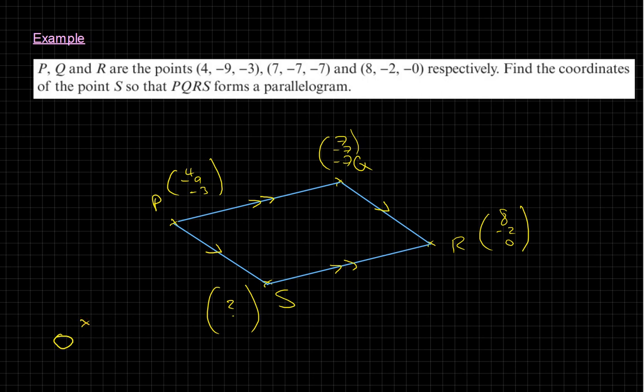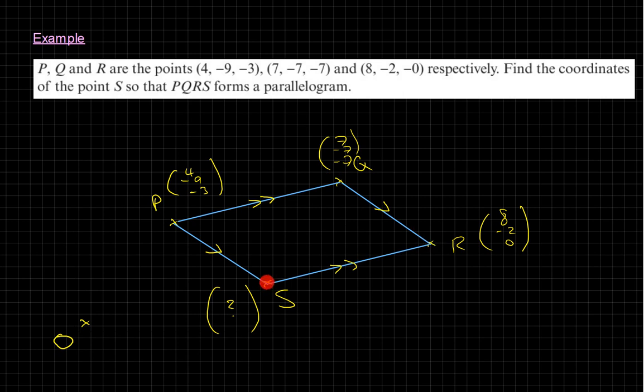What we can say is, if I wanted to get to S from O, which is S's position vector, that's what I'm trying to find, how could I get there using stuff I know? Let's try, first of all, going from O to P. Then I suppose we could go from P to Q, then Q to R, then R back down to S, and I'd get there.